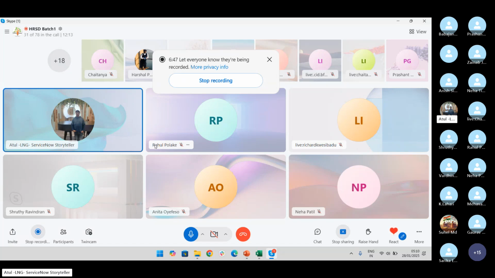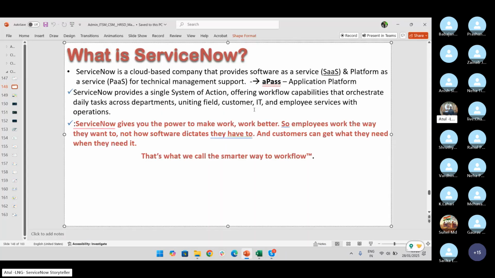You can make parking management. You can develop banquet hall booking. You can create an app for vaccination. You can create an app for any other things as well. Right? So now you can build anything on this particular platform. But what is the purpose of these three words? Customer, IT, and employee.